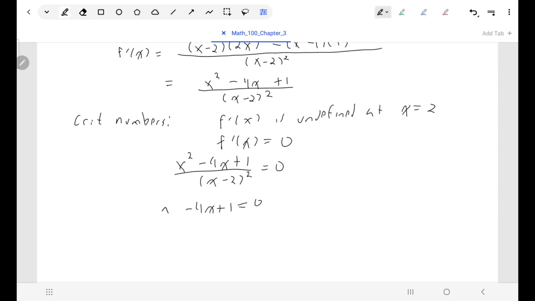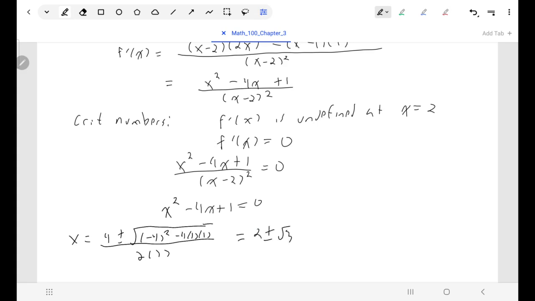So when x is negative b plus or minus root of b squared minus 4ac all over 2a, and clean it up. So after I run that through and clean it up, I get x is 2 plus or minus root 3.